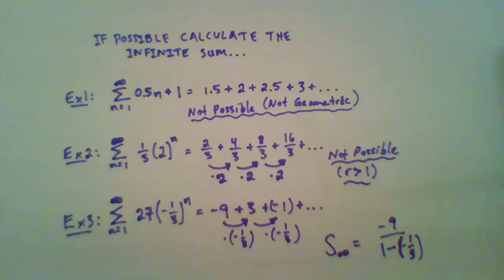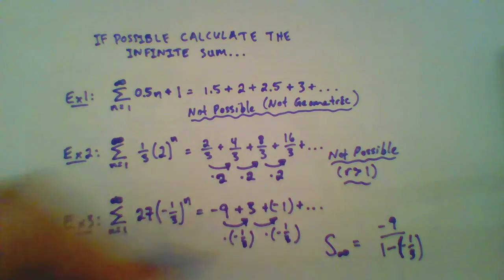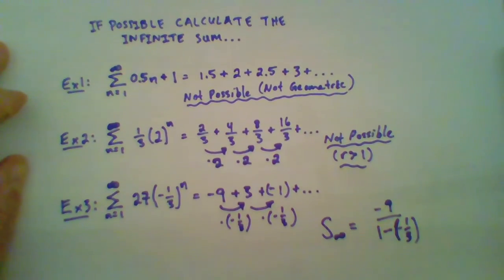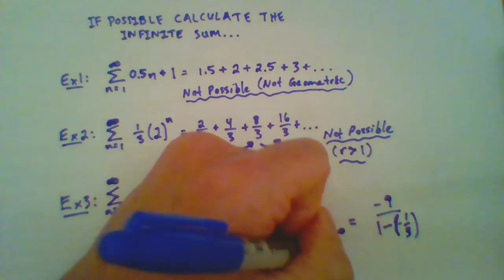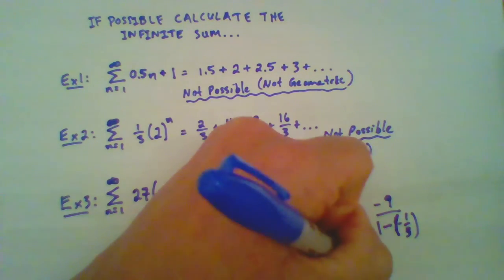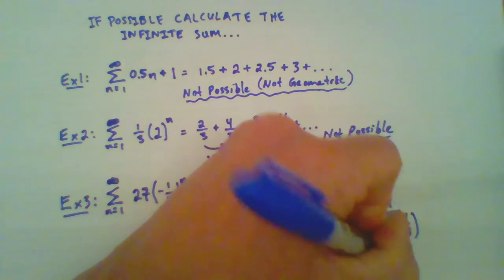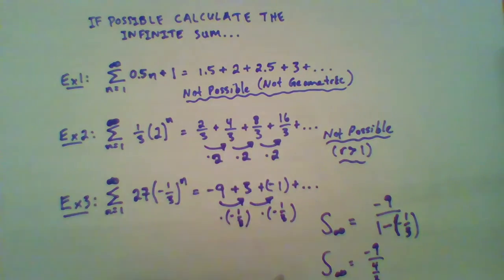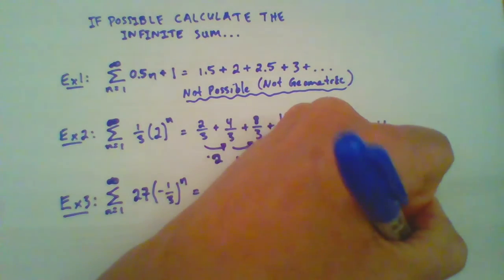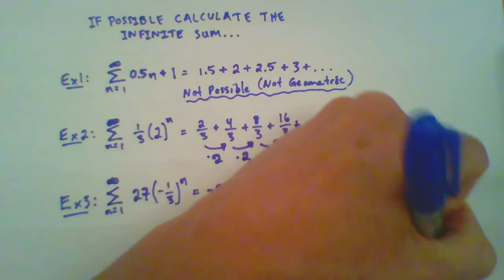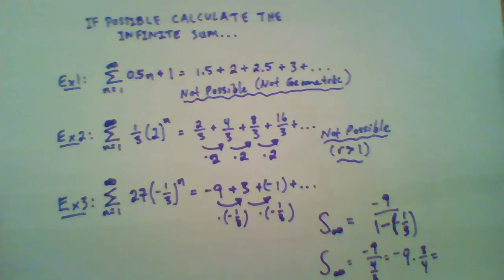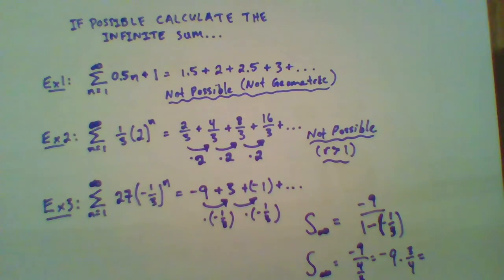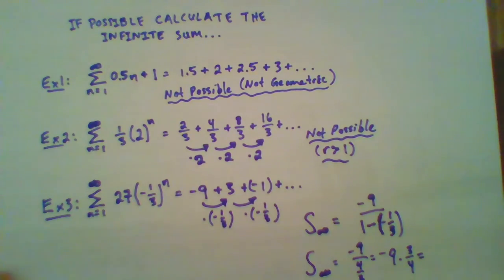Okay, so in the bottom we have 4/3, because if you subtract a negative, that's the same as adding. So the infinite sum here is -9 divided by 4/3, which is the same as -9 times 3/4, which is equal to -27/4.